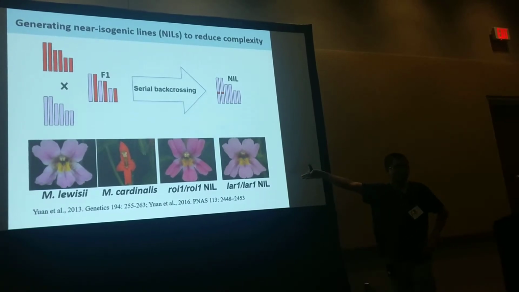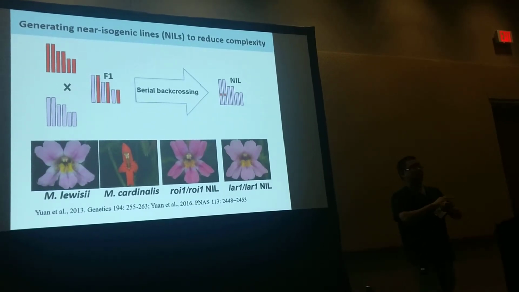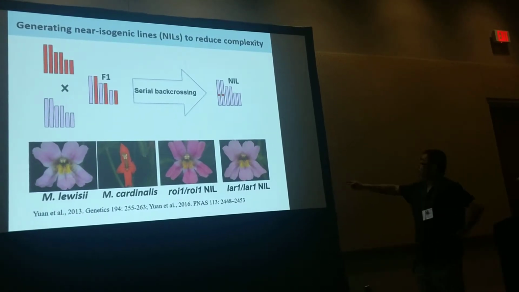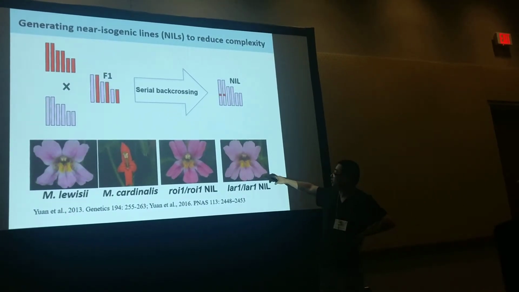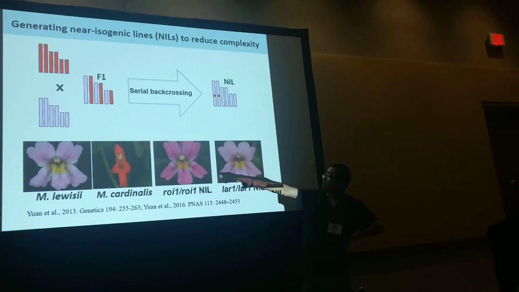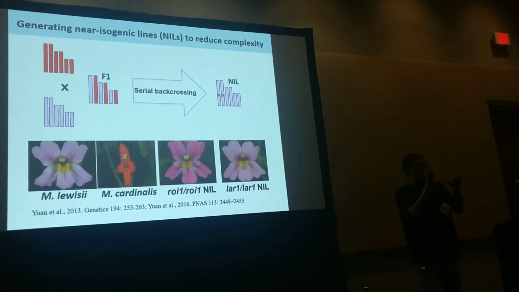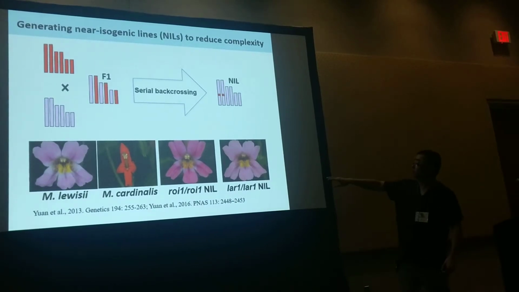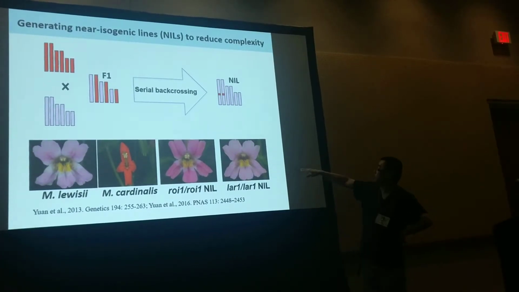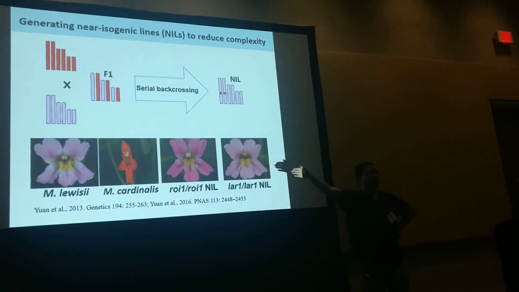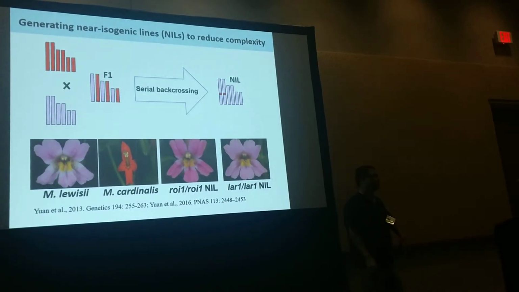You make the flower color much darker, but otherwise the whole plant looks just like the bee species. Similarly, the other dual isogenic line we have is for the gene controlling the presence versus the absence of the white-green in the chlorophyll. The bird species doesn't have that, and when you replace that locus, you generate a flower that is just like the bee species, except now you don't have that green anymore.